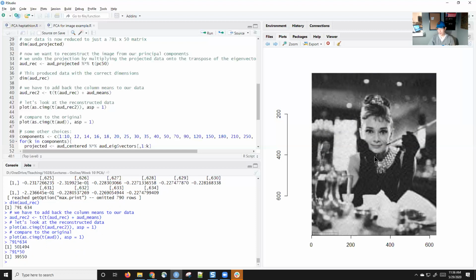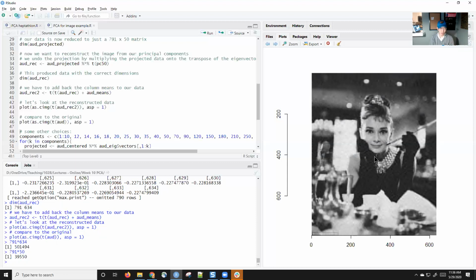But at a practical level, this is not what the internet uses for image compression. The internet uses JPEGs today. JPEG is what we call a lossy image compression format, and it uses something called wavelets, and it doesn't work using principal components.